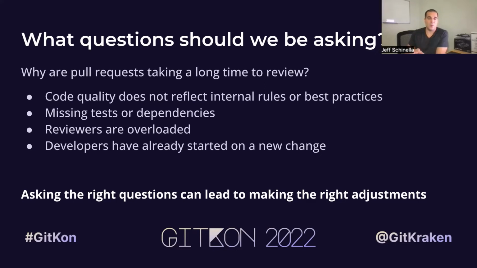So asking questions about why these things exist can lead to making adjustments that can improve not only our workflows and our ability to handle these issues that pop up, but improve those cycle time and throughput numbers in the long run, which is kind of convenient.